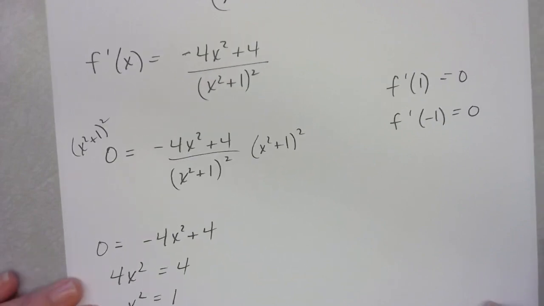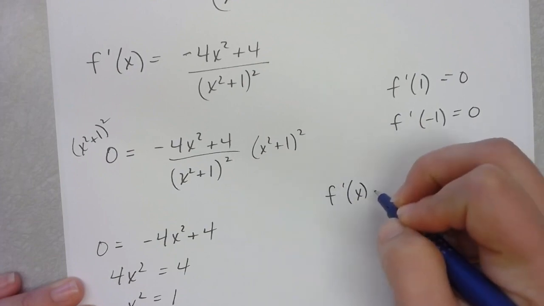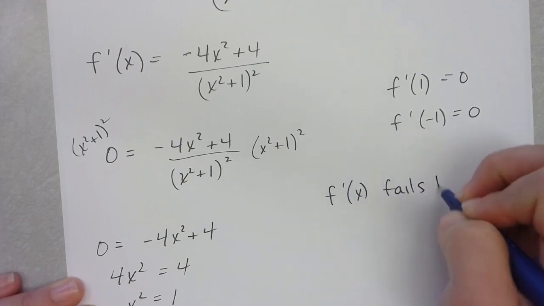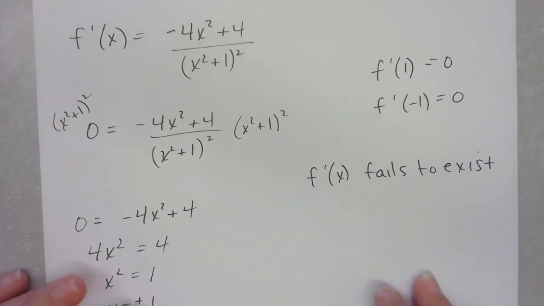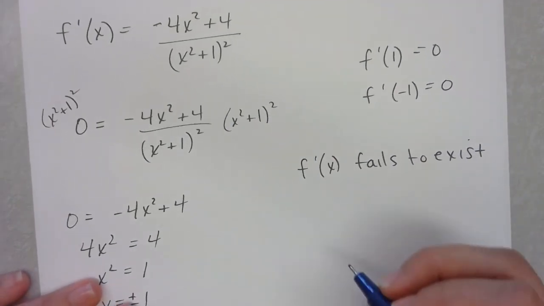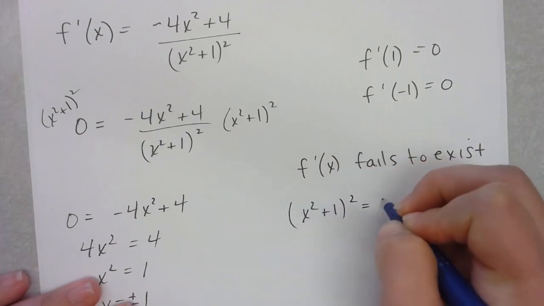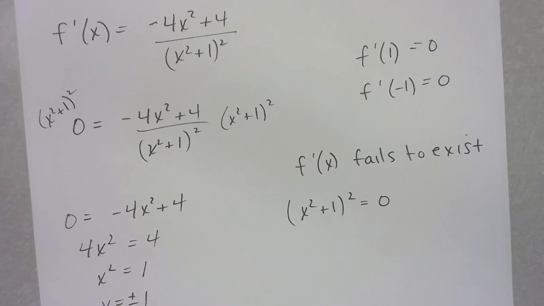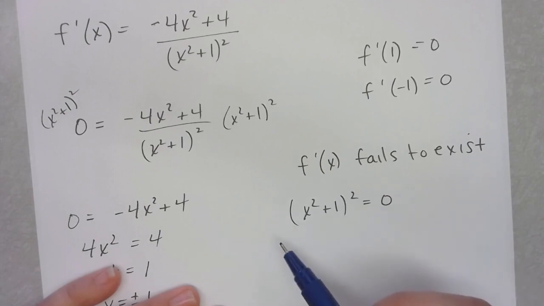All right, so then I also want to find where f prime of x fails to exist. And it will fail to exist when I have 0 in the denominator. So that's what I'm going to look at. Can I make the denominator 0? So I have x squared plus 1 squared equals 0. Again, this is kind of an algebra step you're going to see me omit from here on out. But whenever I have something to a power, the first thing I'm going to do is undo the power.